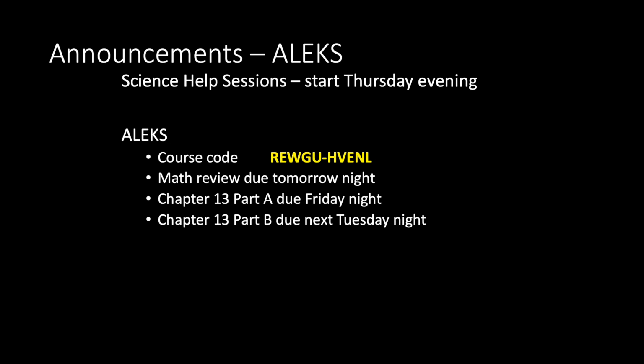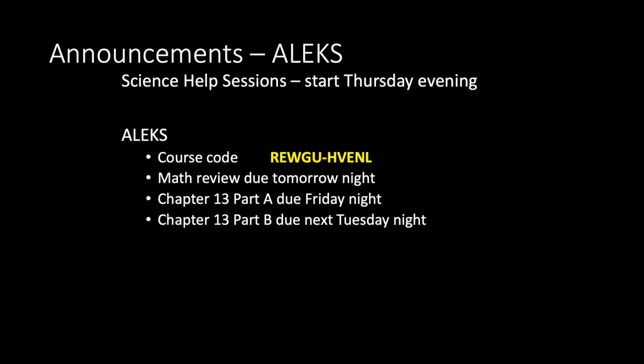Most of the chapters in General Chemistry 2, I've broken into 2 parts, not all. I think one chapter is just 1 assignment, and another chapter is 3 Alex assignments. But I try to break it up so that there are 1 to 2 Alex assignments due per week. So it spreads out when the objectives need to be met.